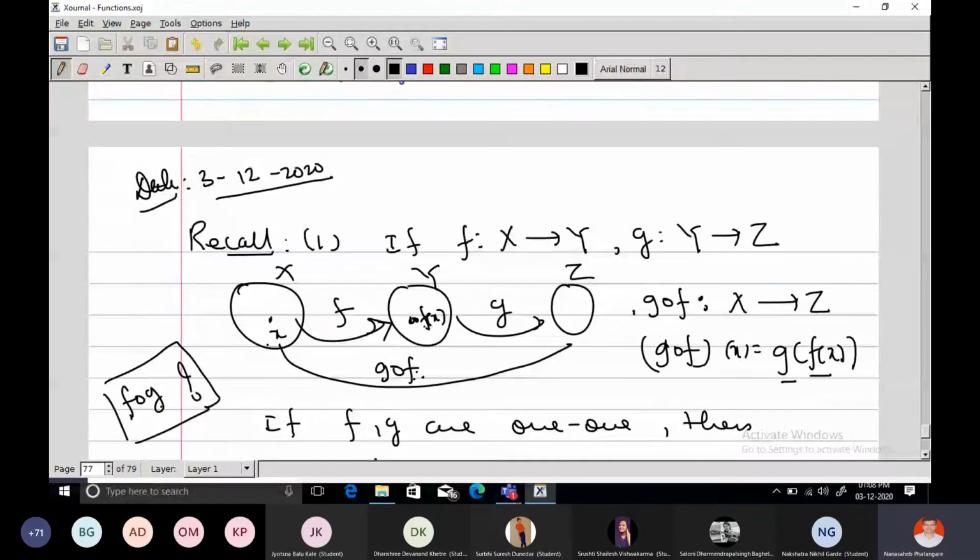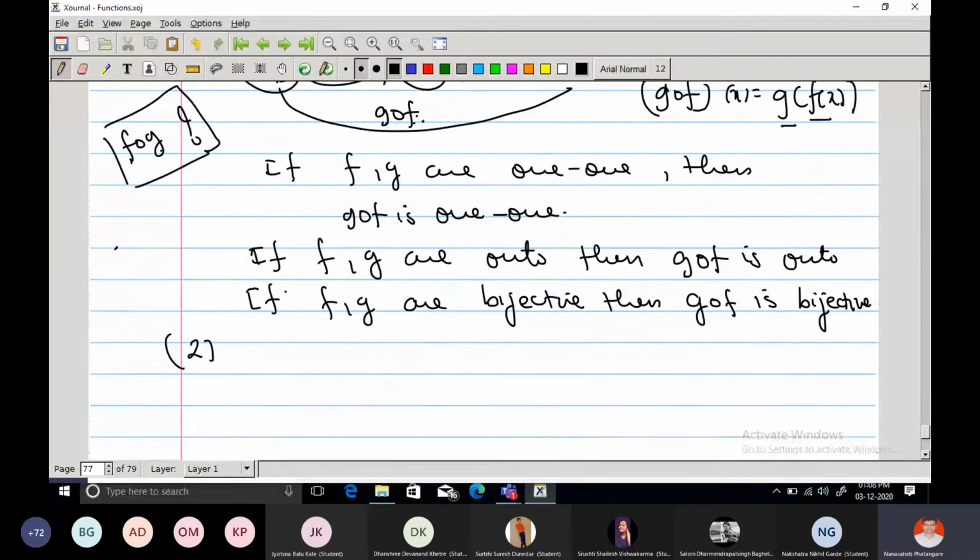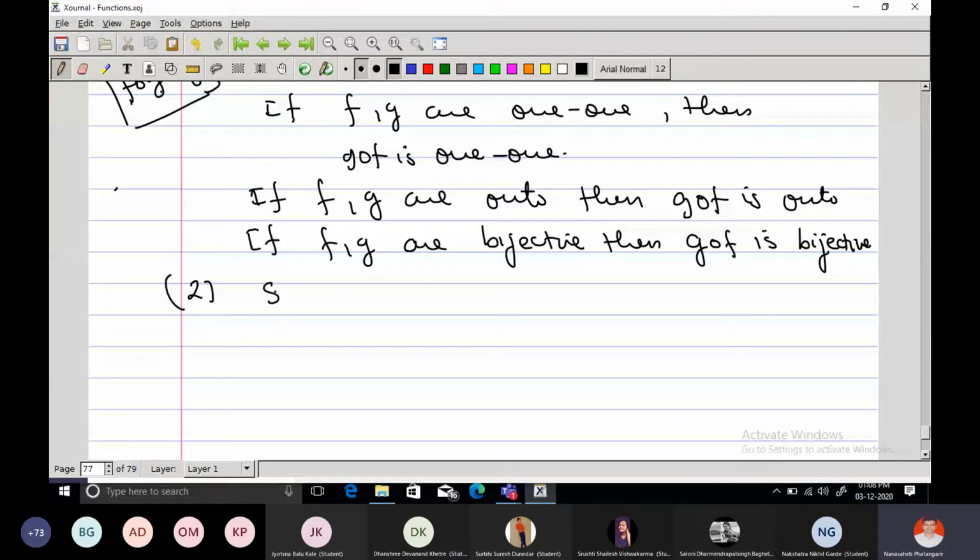Then the second thing we discussed: what is the converse? Converse of the statements. Suppose f is a function from X to Y, g is a function from Y to Z, right?